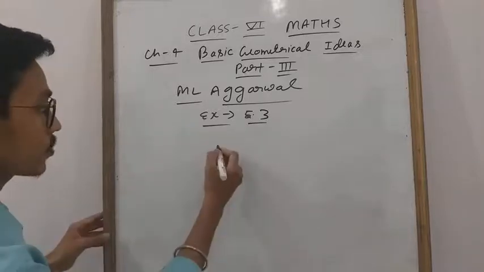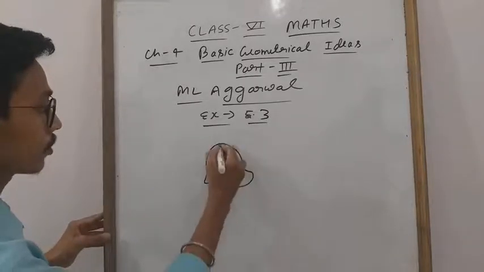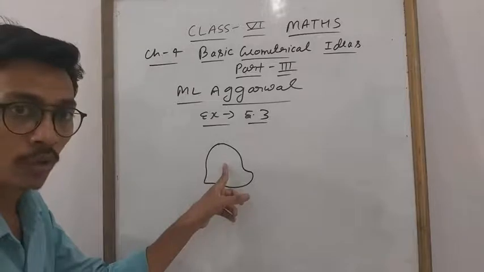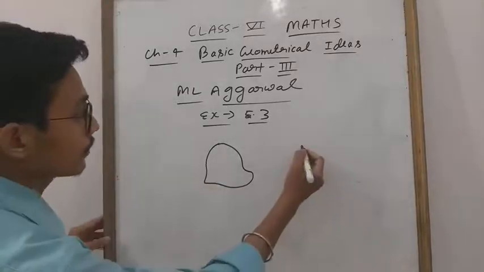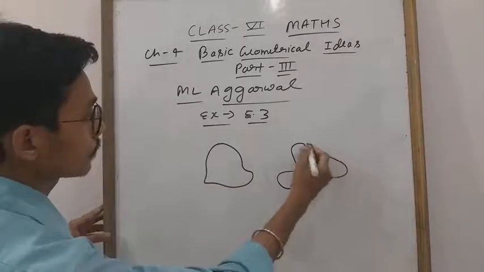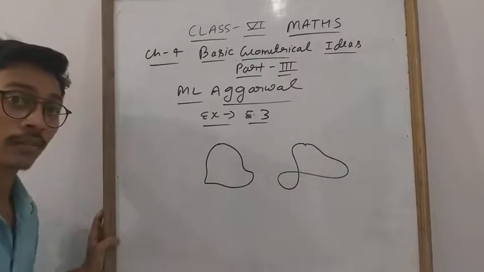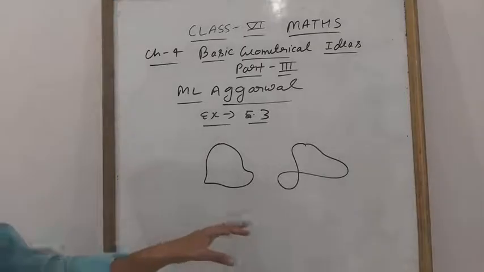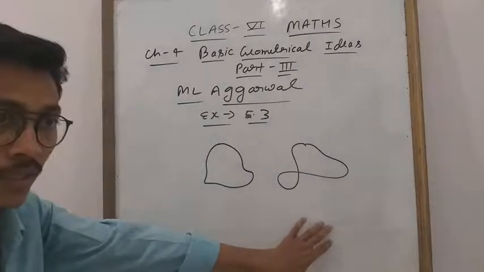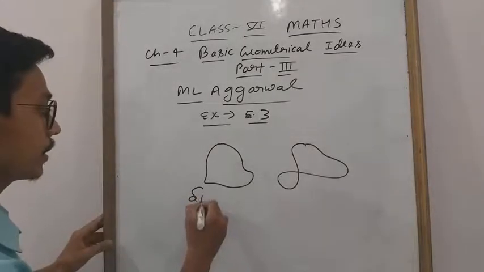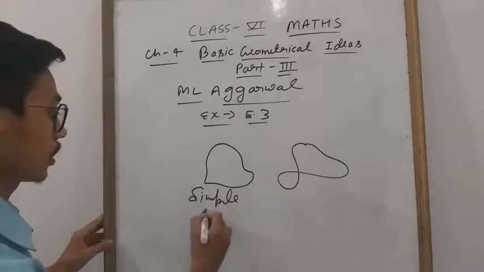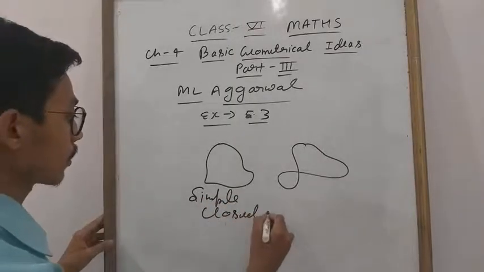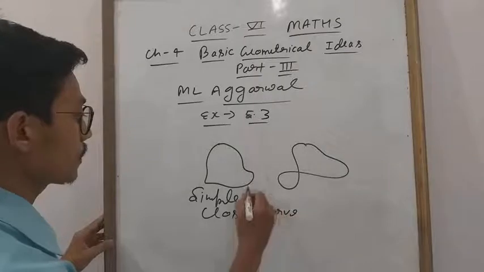Clear? Now, students, if I make this diagram, this is a simple closed curve, and this is also a simple closed curve. If anyone asks what is the difference between a closed curve and a simple closed curve, you will say this is a simple closed curve.